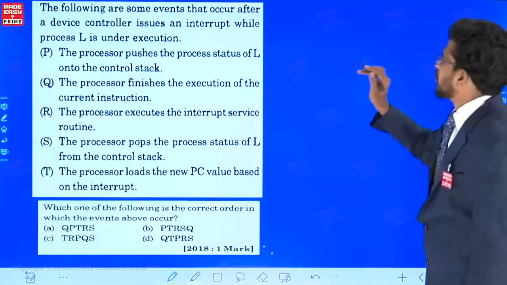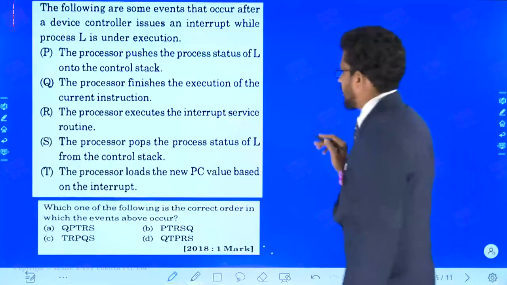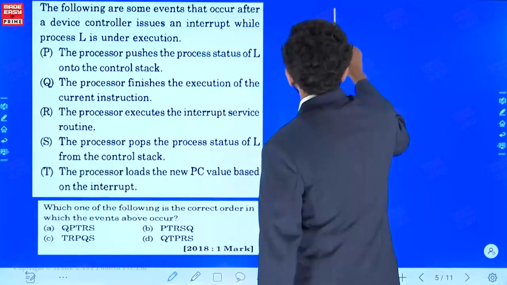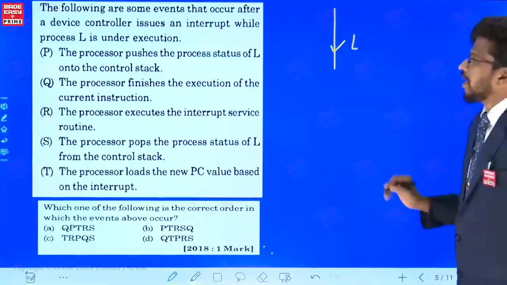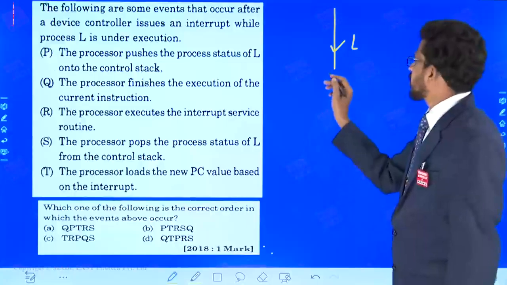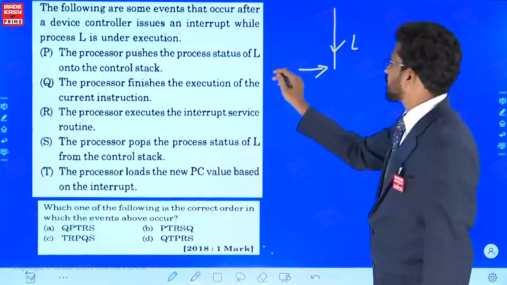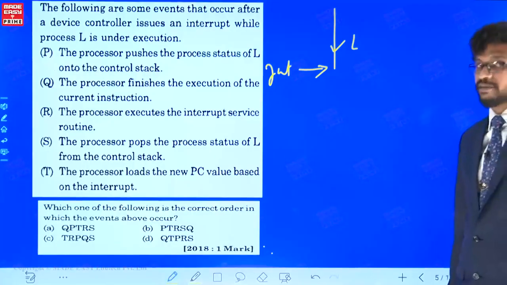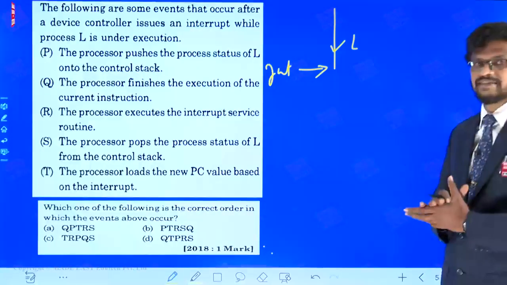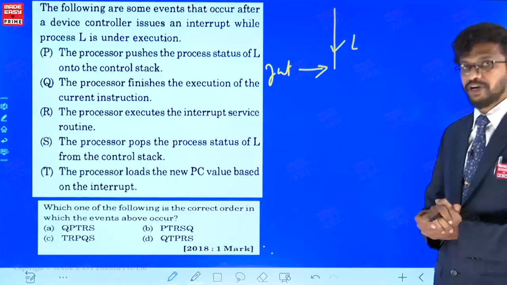So here some process L is taking place, and in the meanwhile some interrupt has occurred. Now do you remember what sequence of steps the processor takes while responding to the interrupt?